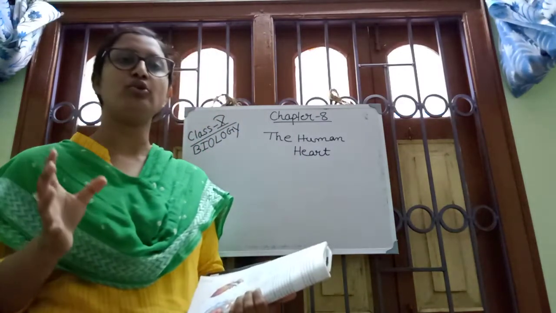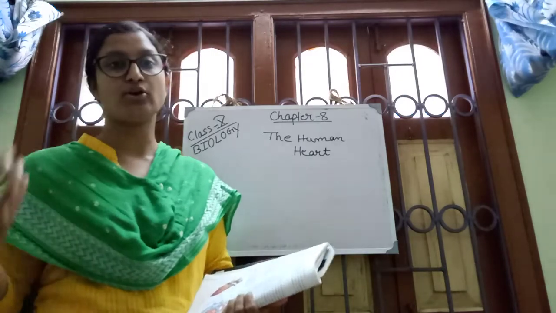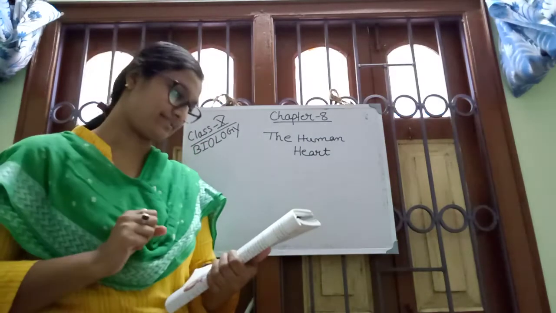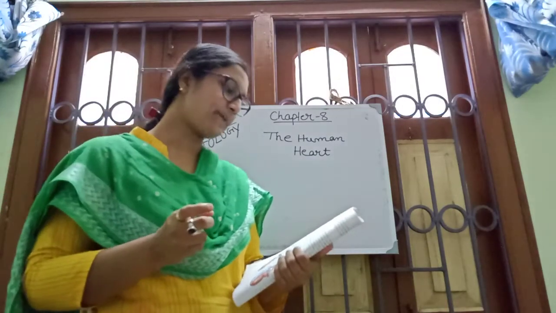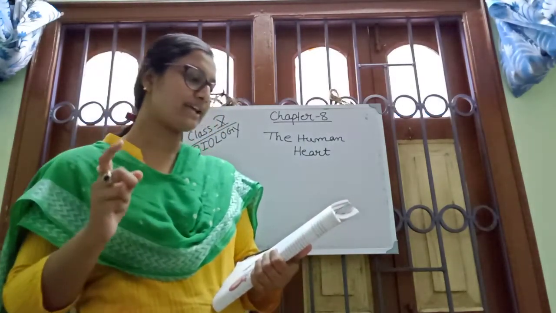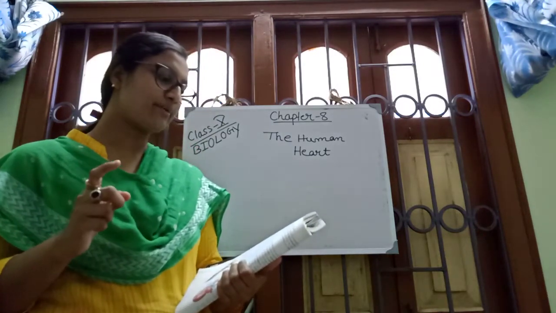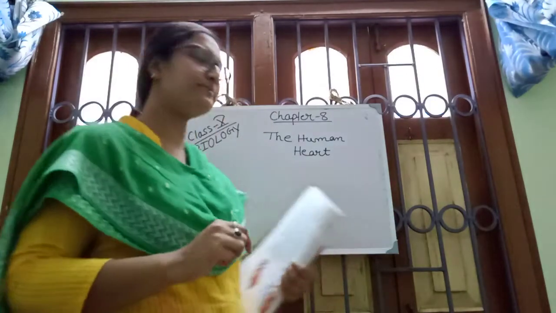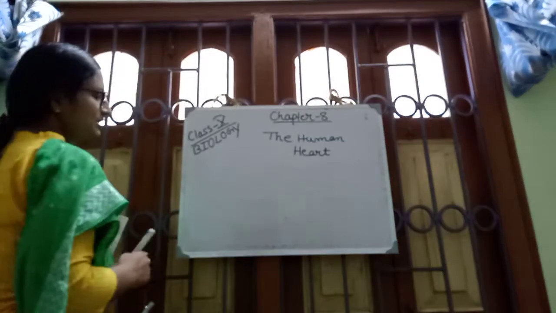The heart is a hollow, fibromuscular organ. It is a muscular organ, which is why it is always contracting and relaxing. Conical in shape, it is about the size of one fist, measuring about 12 centimeters in length and 9 centimeters in breadth.